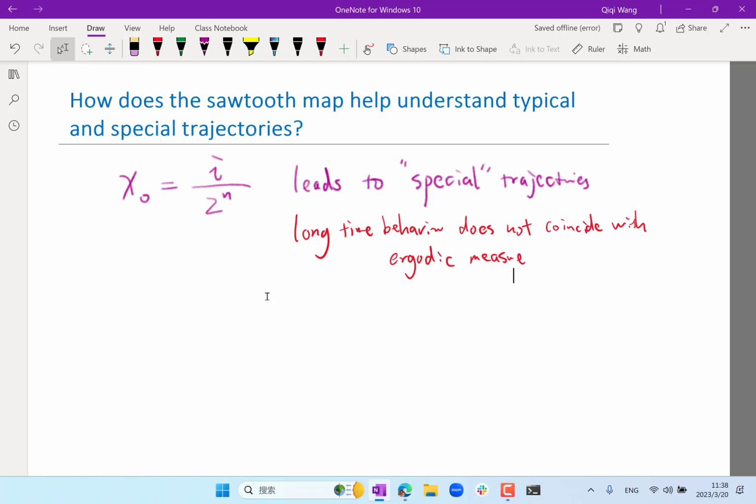What is the ergodic measure? The ergodic measure is uniform. So the probability that a typical trajectory lies between 0 and 1/2 is going to be 1/2. 1/2 is not equal to 1. So the long time behavior is different. This is what I mean by special, or atypical, trajectories.